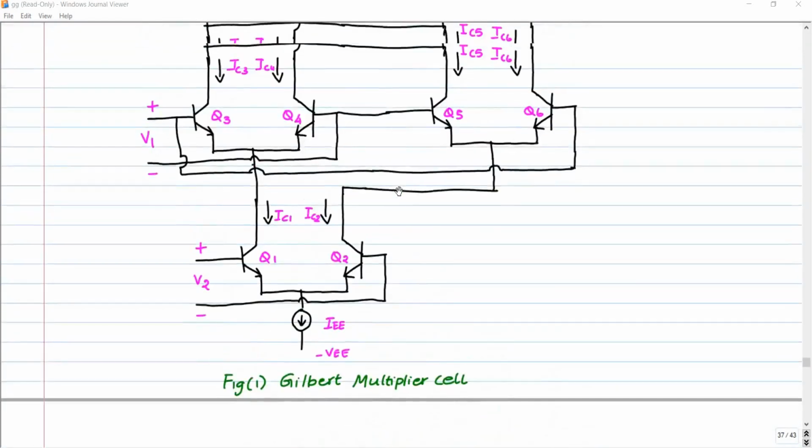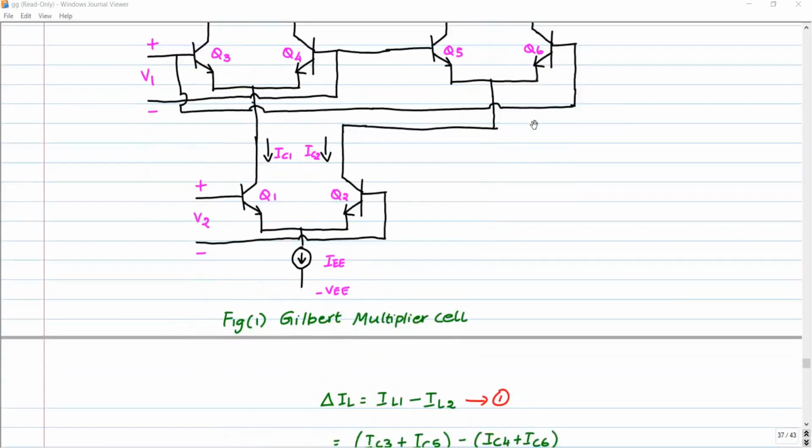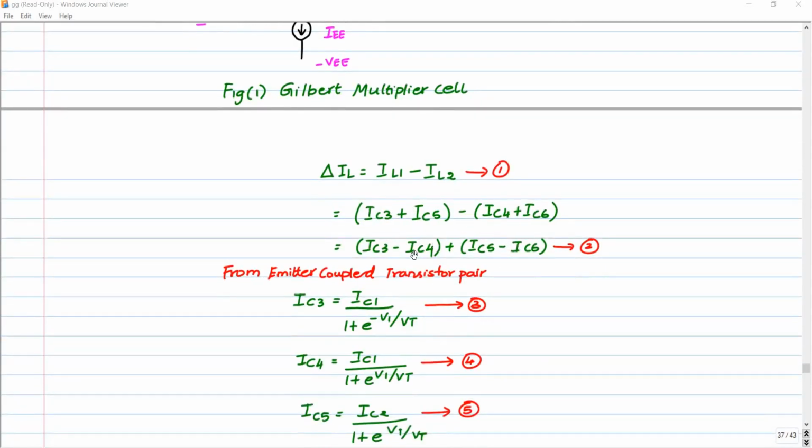Using Kirchhoff's current law, incoming current is equal to outgoing current, so I can write IL1 is equal to IC3 plus IC5, and IL2 is equal to IC4 plus IC6. I am going to substitute that value here. Then I take IC3 minus IC4 plus IC5 minus IC6. By rearranging this equation, I will get this, so this is my second equation.